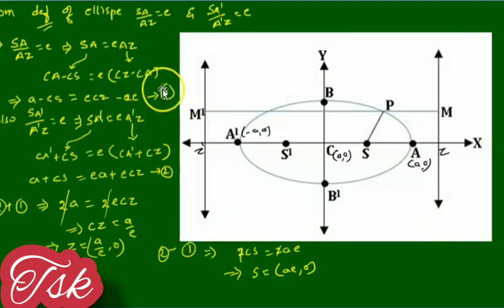Now, when you subtract 1 from 2, a gets cancelled on the LHS and CZ cancels on the RHS. Therefore, we remain with 2CS is equal to 2aE. So CS means the S coordinate can be written as (aE, 0). Since we know the directrix and we know the focus, we can write the ellipse equation.